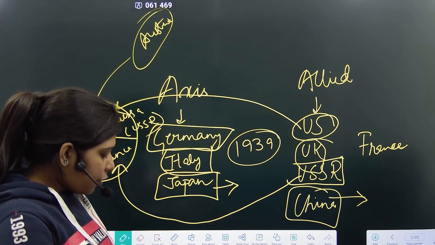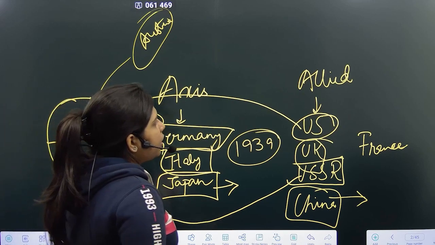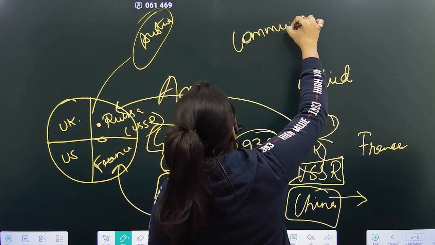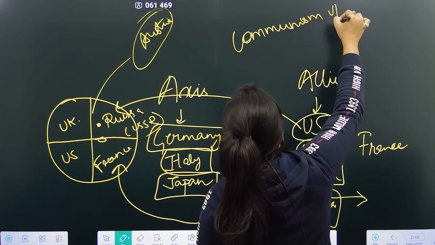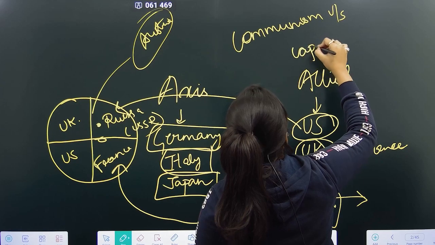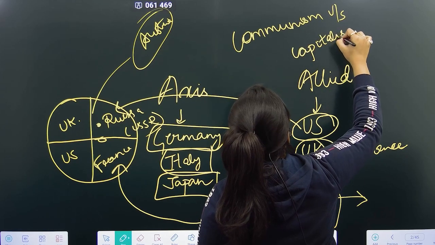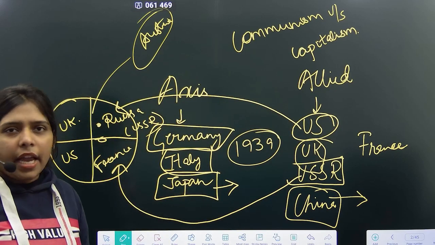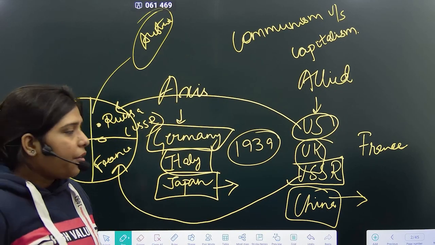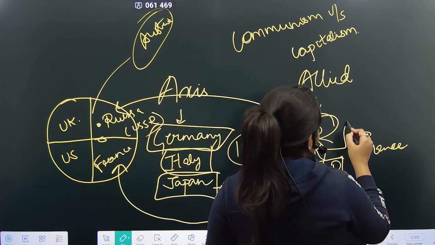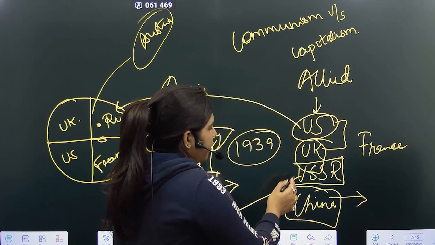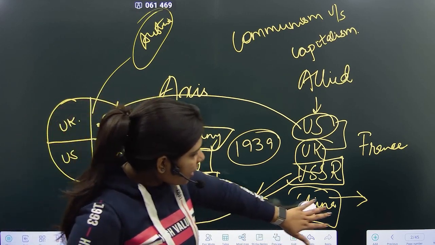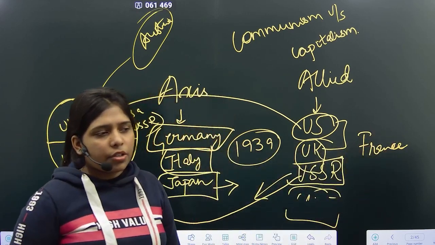The clash was not between nations, the clash was between ideologies: communism versus capitalism. We see that the capitalist nations, US, UK, and France, come together. USSR is the communist nation. China is also a communist nation, but right now it's working on its own thing.